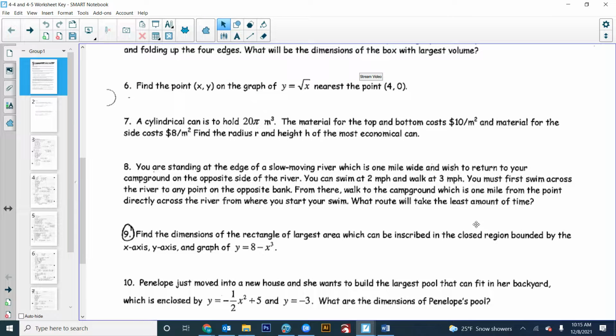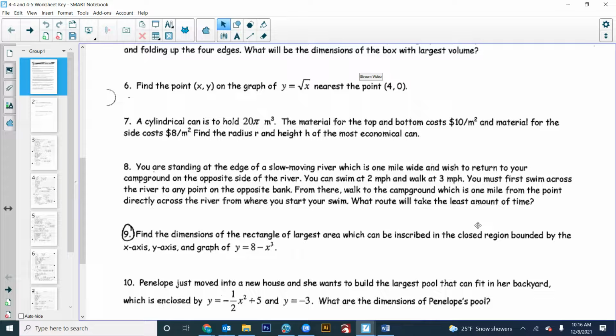Tyler. On 9, how do you find the base for the rectangle? That's what I'm confused about. So 8 minus x cubed. Like that, right? Yeah. And the rectangle has to be inscribed in the closed region bounded by the x-axis, the y-axis, and the graph.